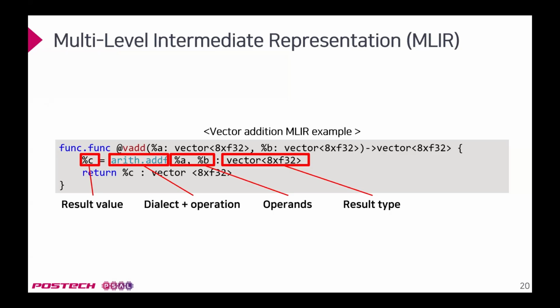After that, it stores the result in C. And the result C is returned as a vector type. As shown here, dialects provide semantic grouping for operations, while the operation itself explicitly defines the operand and result types. And this modular structure allows users to easily customize dialect operations or lowering paths for their specific needs.